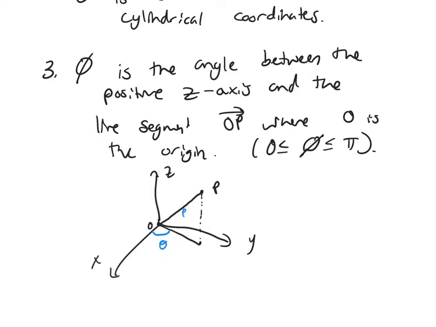Phi is the angle from the positive z-axis to the line segment OP. Because you're going from the positive z-axis down, you're only getting angles between 0 and pi.